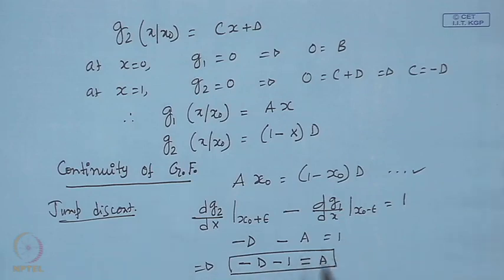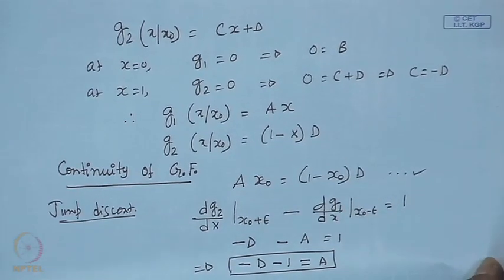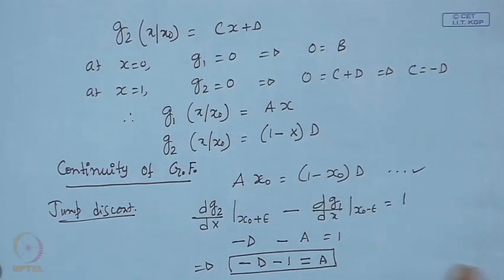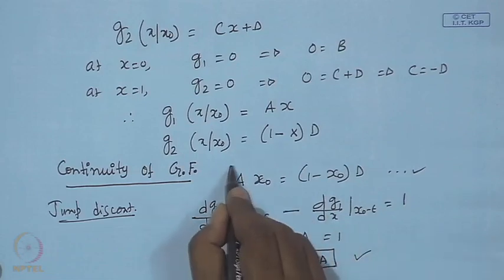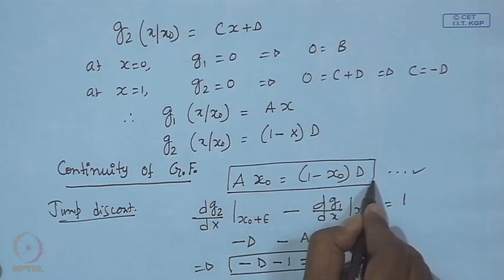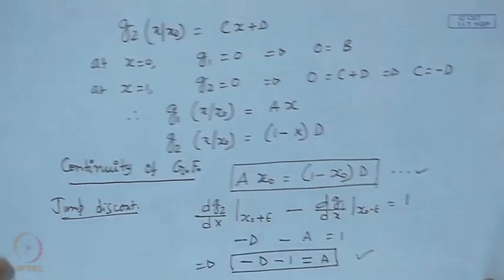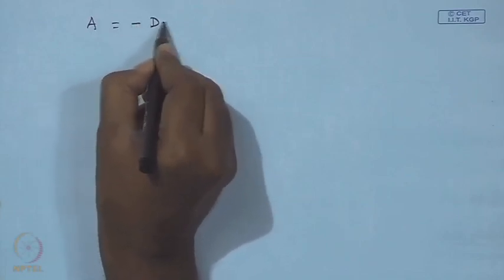Okay. Now, we can solve these two equations and see what you get. From these two equations, we will be getting the constants a and d, and we can evaluate these two. So, I will just solve it. a is equal to minus d minus 1.